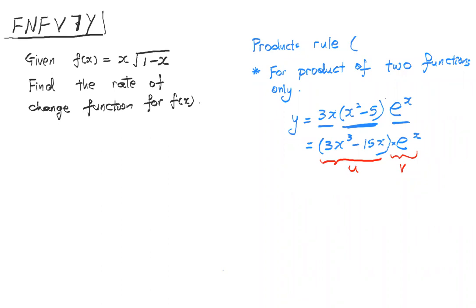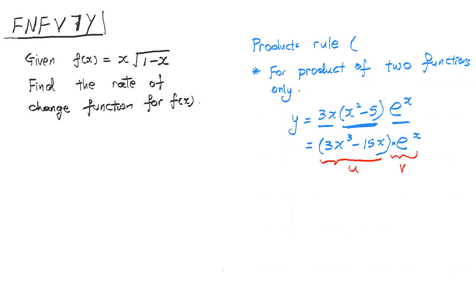Now, in order to find dy/dx for this one, we are going to use the product rule given by the mathematician. So you have to know what is the product rule.